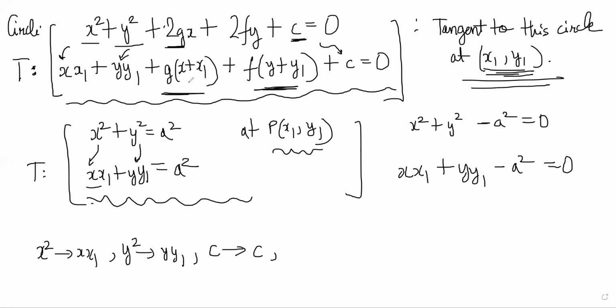So basically, 2x became x plus x1, correct? So x became x plus x1 by 2, and y became y plus y1 by 2.